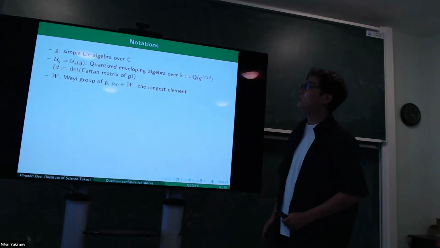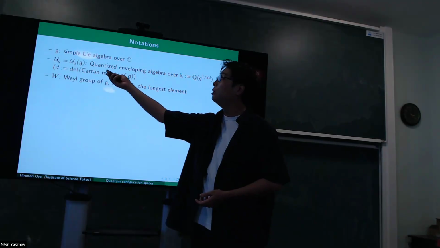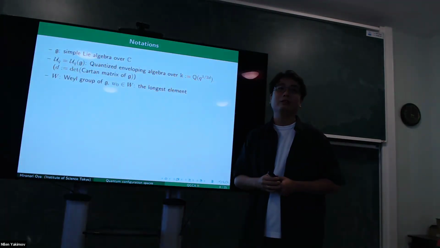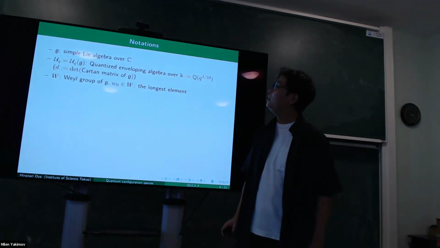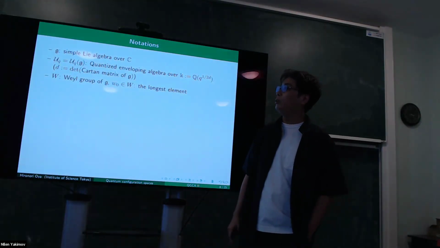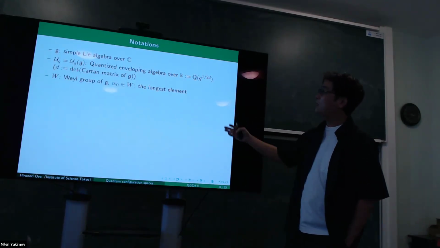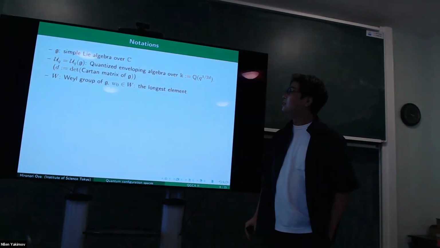Let us fix the notation. From now on, G is a general simple Lie algebra over C, not SL2, and we work with the quantized enveloping algebra over the field. This part is a bit technical.